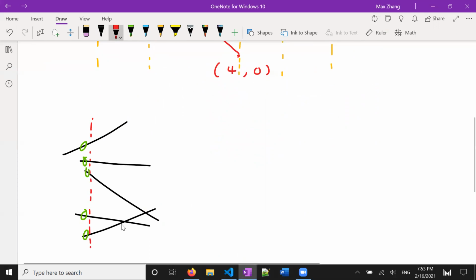Then notice that at this intersection right here, because these two segments intersect, they must have been adjacent in the set when it's sorted by Y order. Let's assume that they're not adjacent, so there exists some other line in between them. Well, then that other line is inevitably going to collide with one of the lines in question, right?